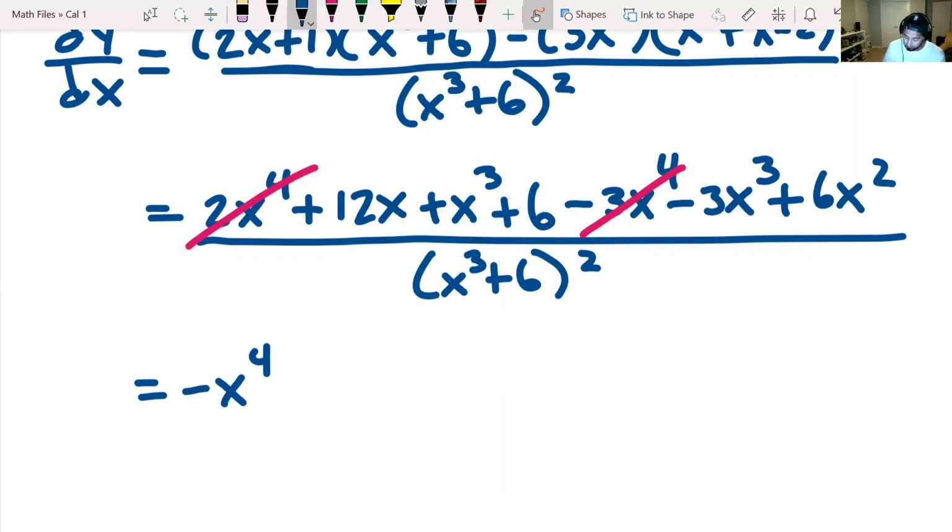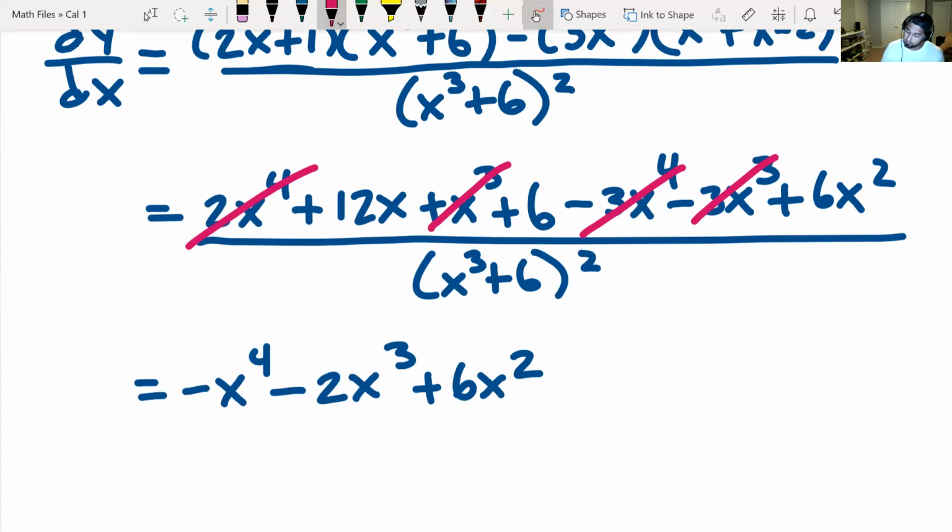So negative 2x cubed. And then, who's the next one? 6x squared plus 6x squared, use that.